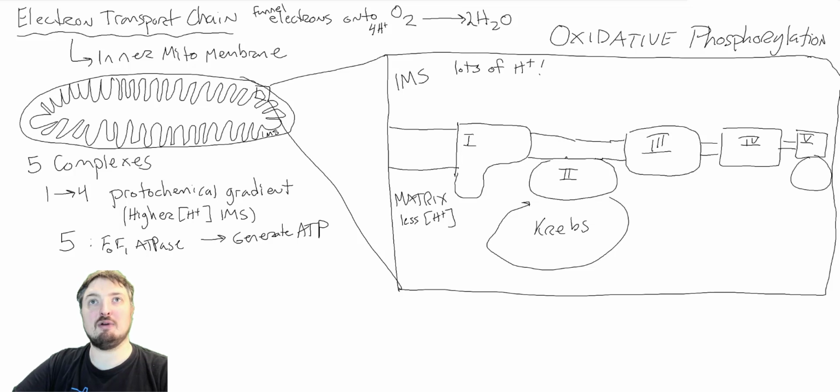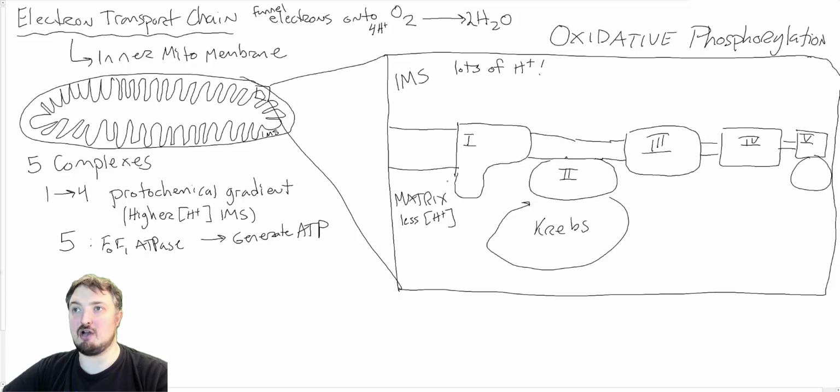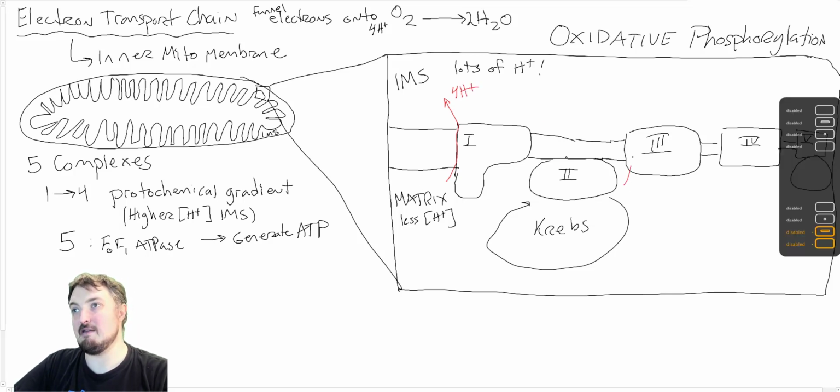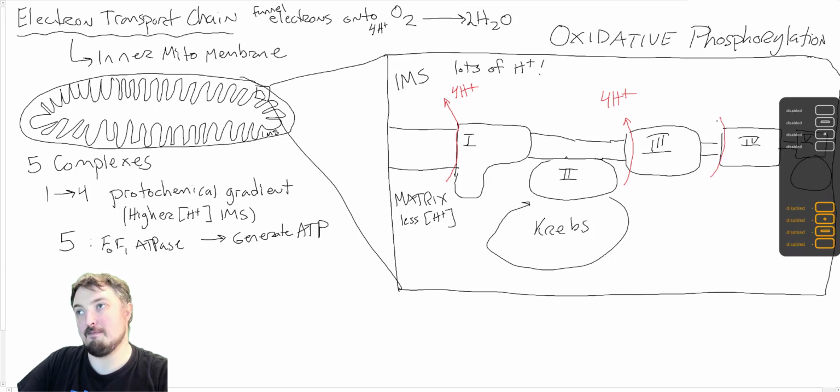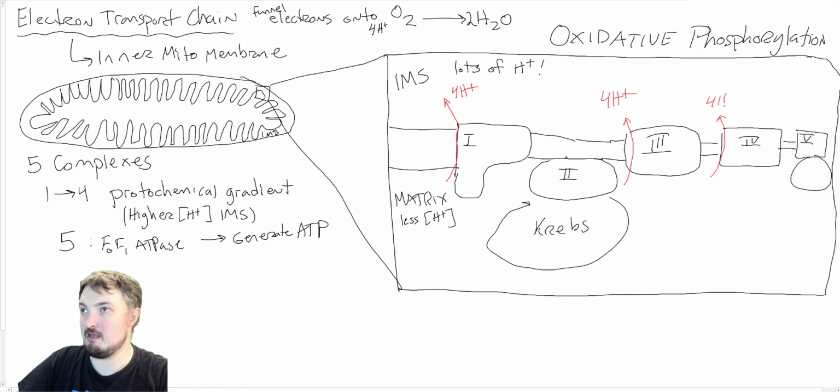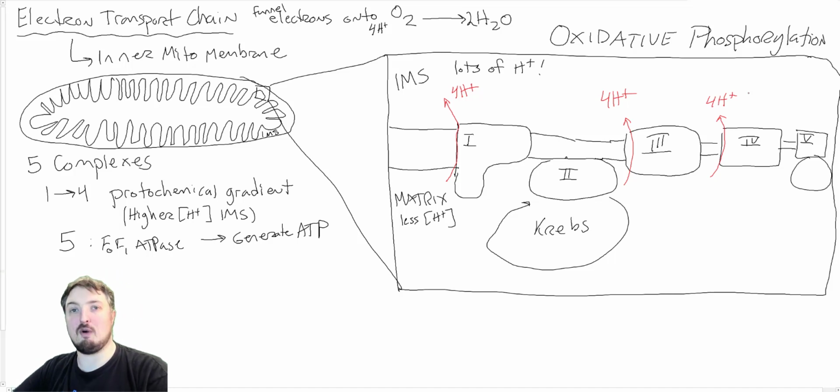An important thing to know right off the bat is that complexes 1, 3, and 4 pump 4 protons per round of reaction that they do.